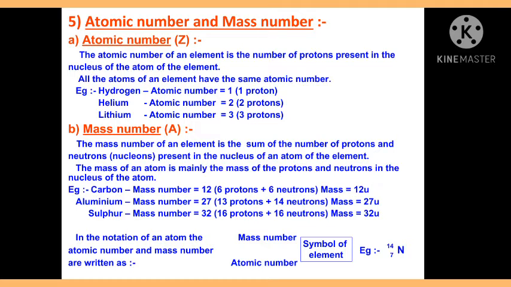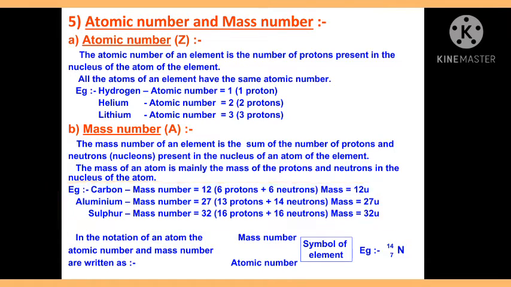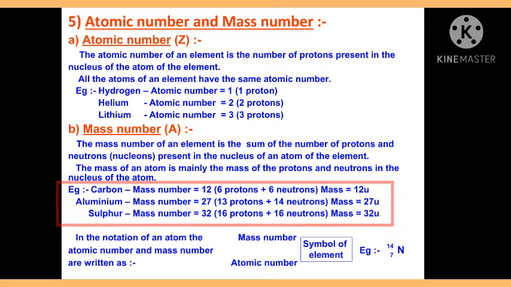For example, the mass of carbon is 12 u because it has 6 protons and 6 neutrons: 6 u plus 6 u is equal to 12 u, unified mass. Similarly, the mass of aluminium is 27 u, that is 13 protons and 14 neutrons.